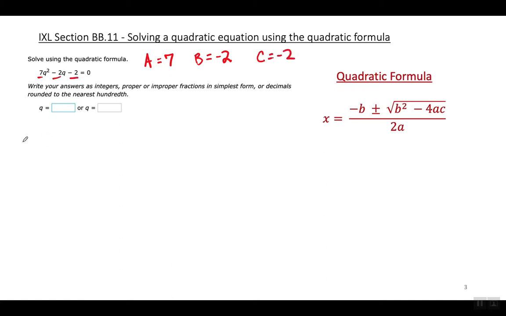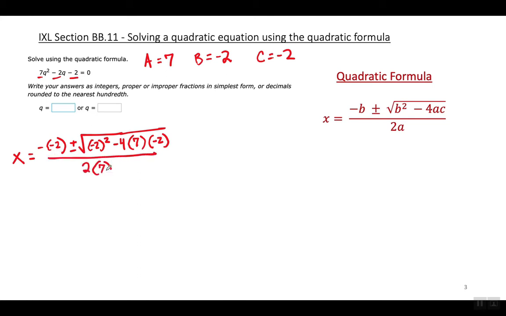All right, so I'm going to plug those values into the formula, which gives me x equals -2 plus or minus the square root of b squared, so -2 squared, minus 4 times a, which is 7, times c, which is -2, over 2 times a, which is 7.